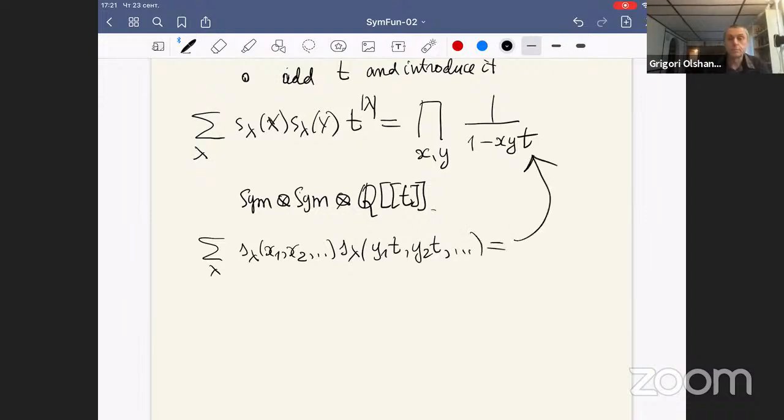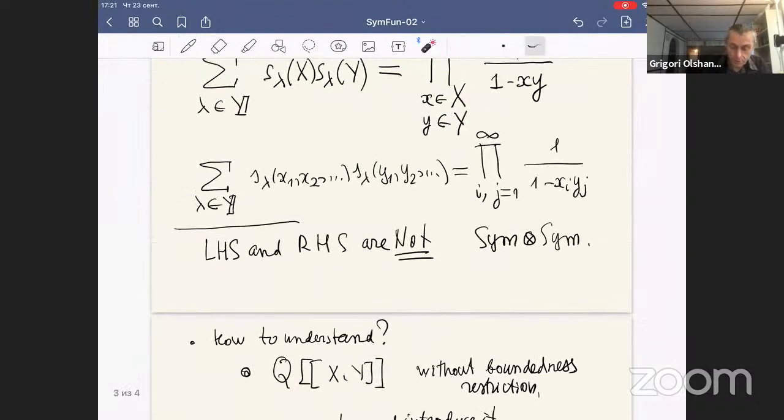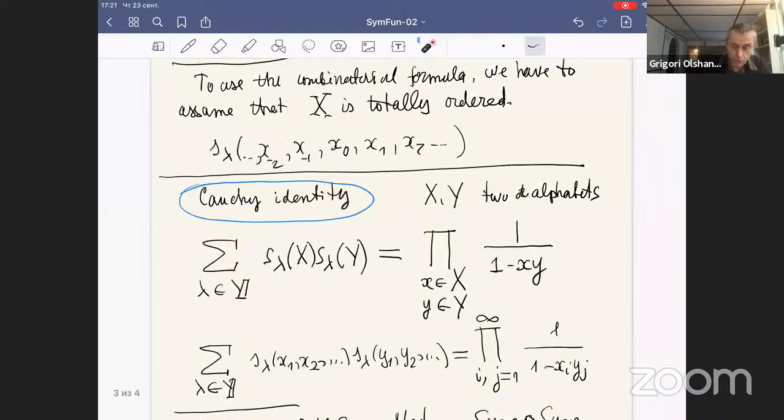And we get the same. So these are possible ways to interpret this equality. This is called the Cauchy identity or Cauchy formula.